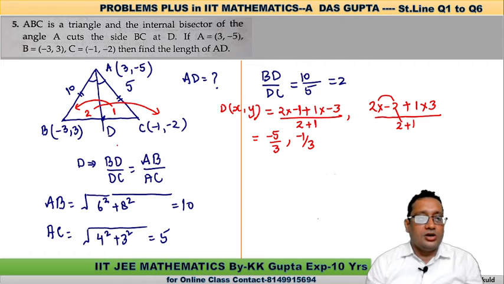Now I've got the D coordinate, that is (-5/3, -1/3).